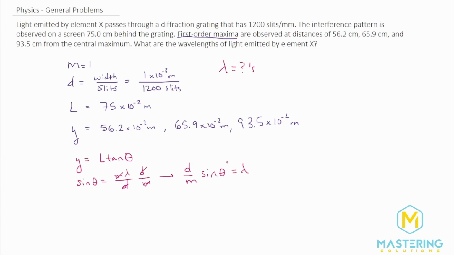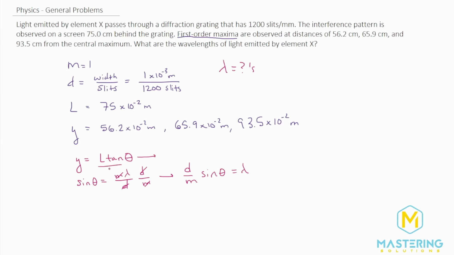But we don't have any thetas, and so that's why we have to use this equation to solve for theta, and then we plug it into here to give us our wavelengths. Now you could do this in two steps, one step here and then plug that answer into here. I'm going to combine the two equations so that there's less work we have to do in the calculator, less room for error.